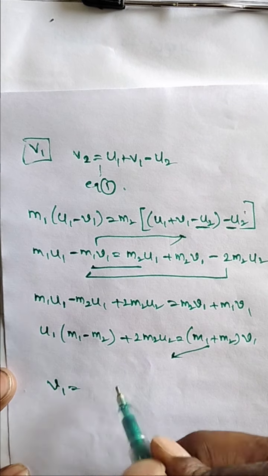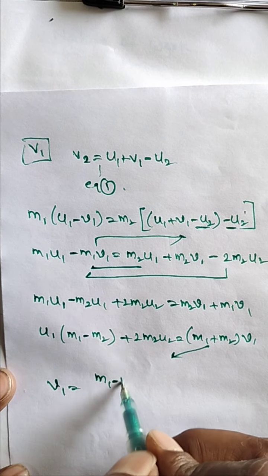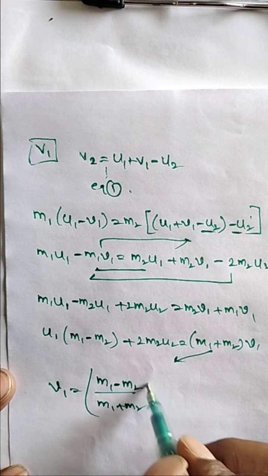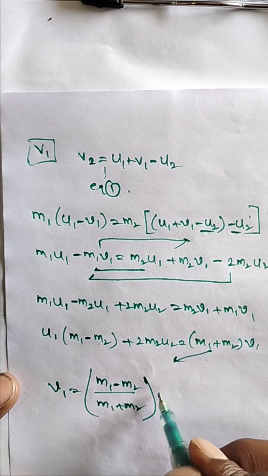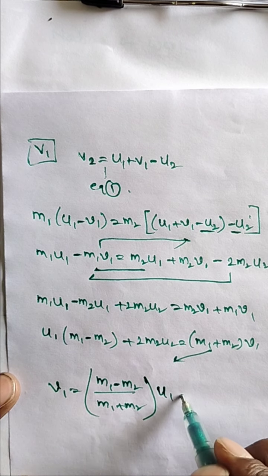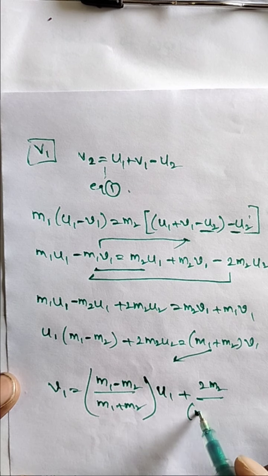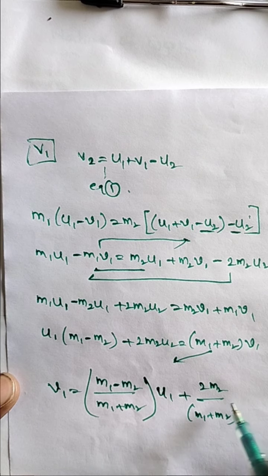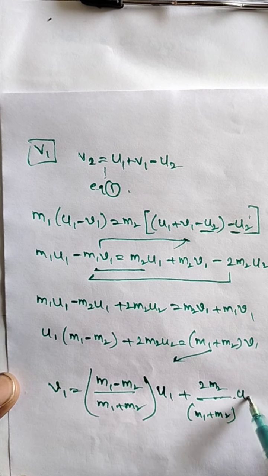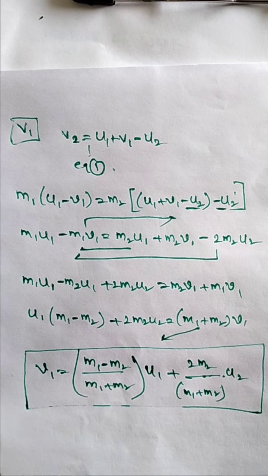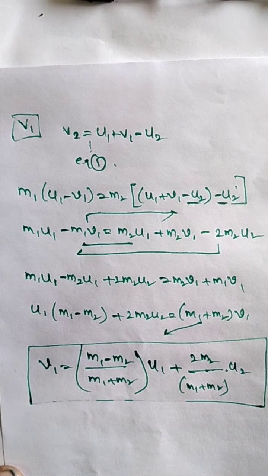What happened, v1 is equal to (m1 minus m2) by (m1 plus m2) into u1 plus 2m2 by (m1 plus m2) into u2. So this is v1. So please see that one is very easy.